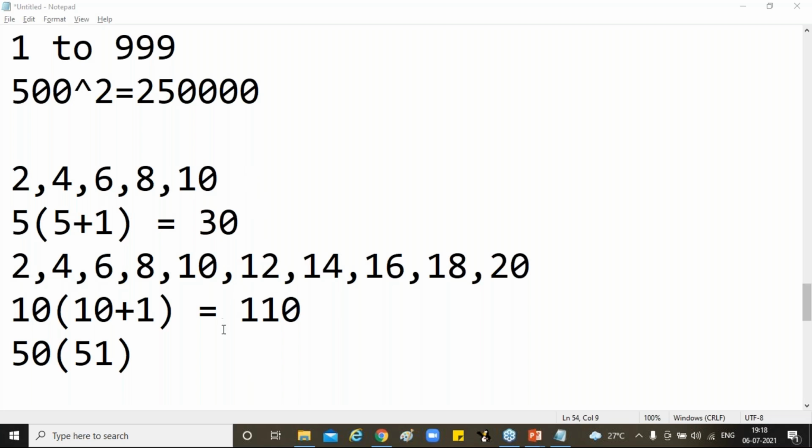Any other doubts? Two persons have the same doubt. Copy and paste. Shravani, I didn't get it.